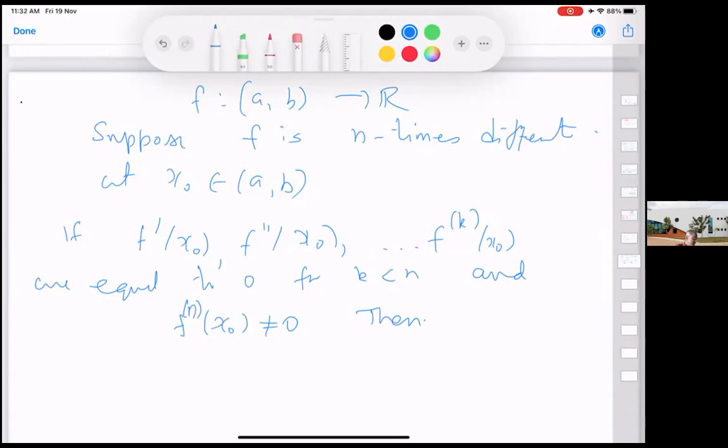Then if n is even, and the first nonzero derivative is positive, then the function has a minimum at that point, and if it is less than 0, it has a maximum at that point.